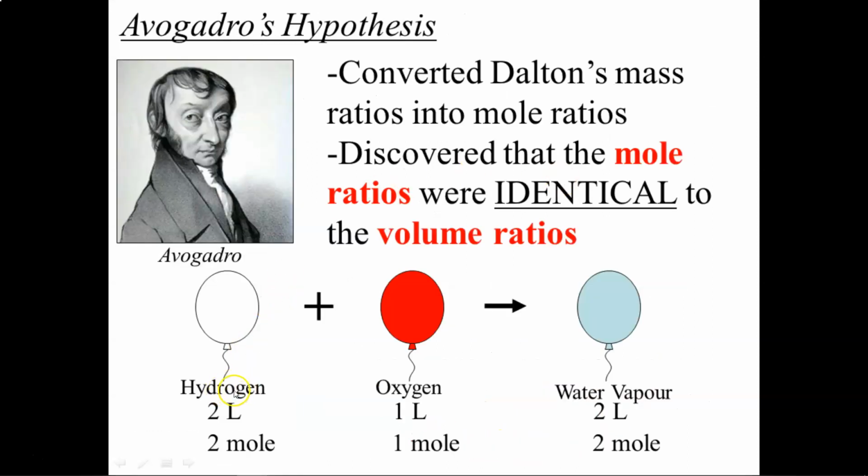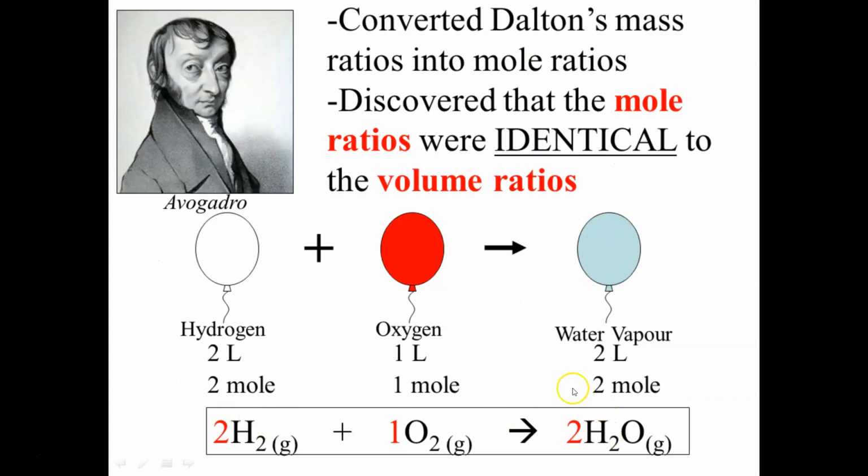So with the mass ratios, you had to convert them to moles first before you could do your stoichiometry, then pop it back up from the land of the mole into a mass. But with volumes, you could just go directly into their ratios. There's no need for you to convert them to moles because these ratios are identical. So that's nice, saves you an extra step. Just don't forget to balance your equations because that's where we get our stoichiometric ratios from.